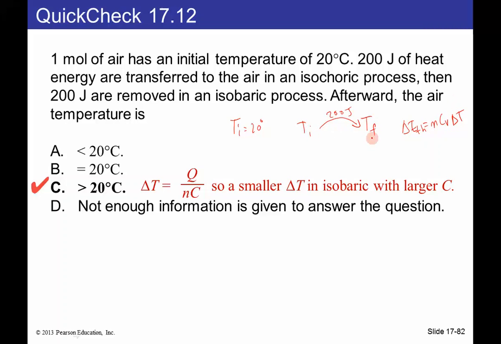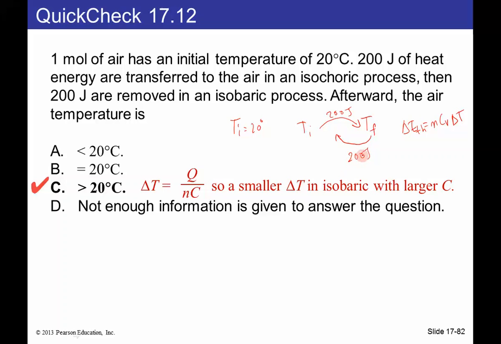Now in the reverse process, I'm not going to go all the way to Ti. I'm going to go somewhere here. Why? Because I'm removing 200 joules of heat when I go down in this process, but this is an isobaric process, so the system is going to be compressed as I remove the heat. So the 200 joules are not all heat.